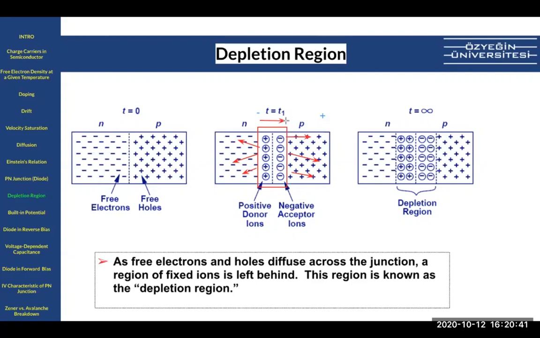So this electric field now exists in this depletion region. And when we wait quite a bit of time, we call it t equals infinity, this depletion region comes to a saturation. It doesn't form anymore. And now we have this part free of holes and electrons.